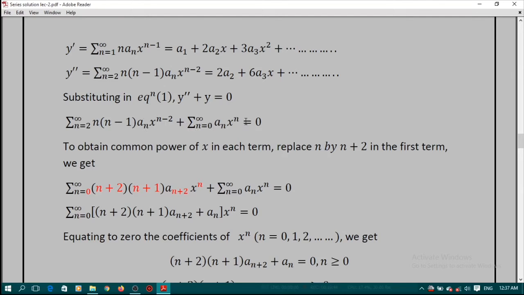that equals 0. Now here again we want to merge these two summations, but the problem is the same. The ranges of the summations are different and the powers of x are different. So again, to obtain a common power of x in each term, replace n by n+2 in the first term. The second summation will be as it is.